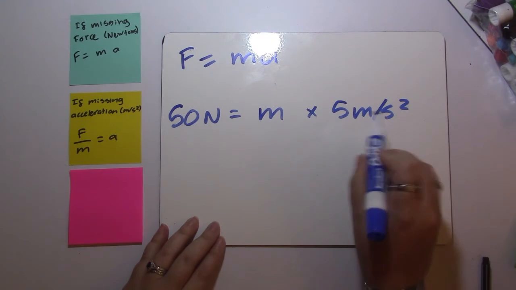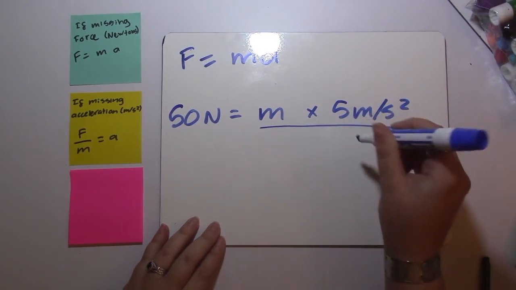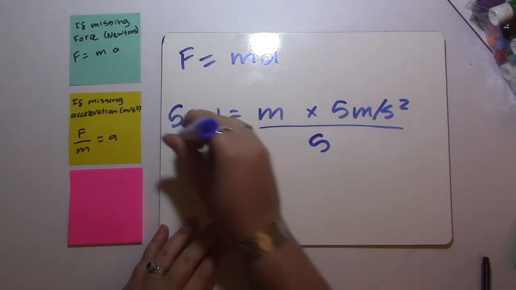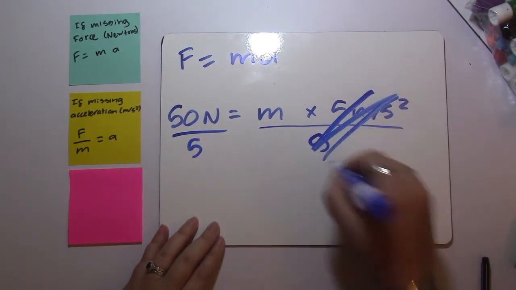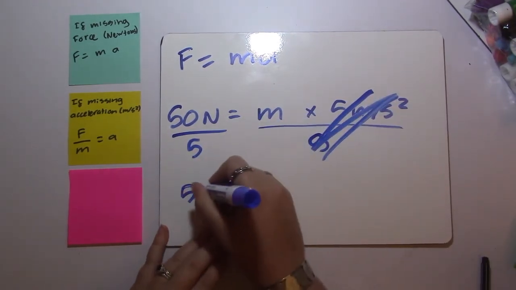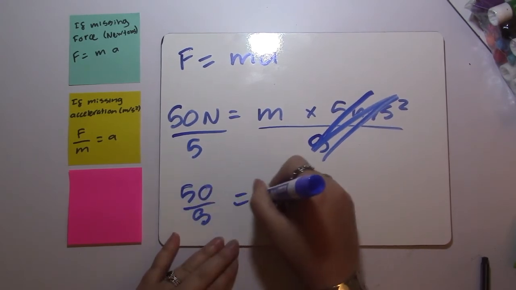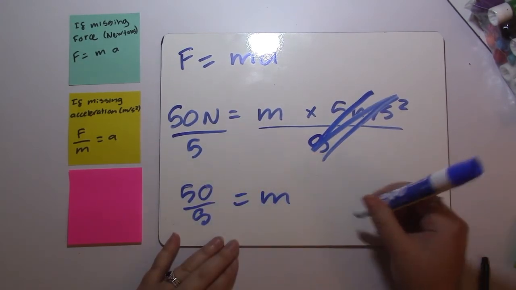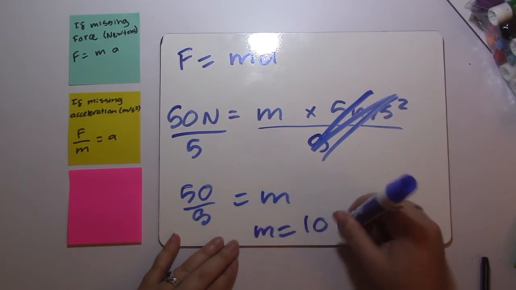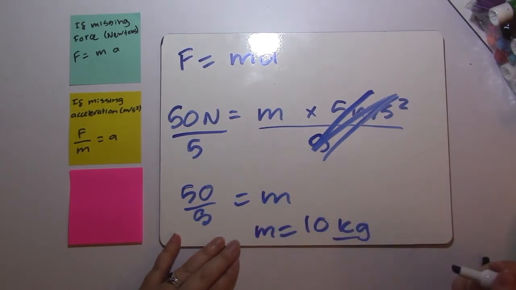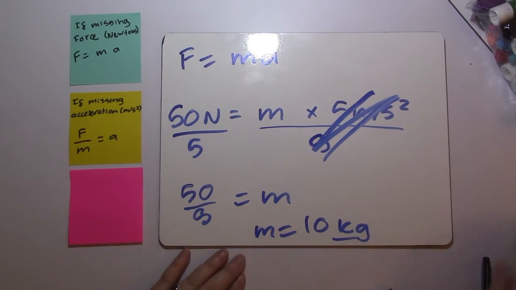So in order to get rid of this 5 meters per second squared, we're going to divide by 5 on both sides of the equation. That means these two cancel out, and we're left with 50 divided by 5 equals m, which means that m equals 10 kilograms, because kilograms is our unit.